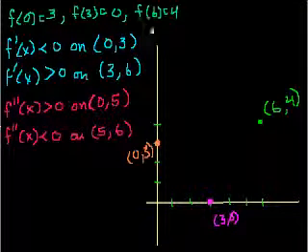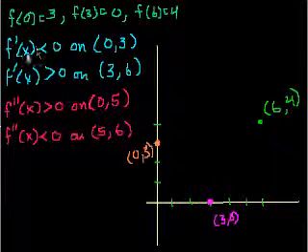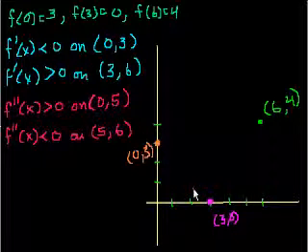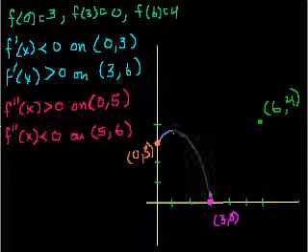And what else do they tell us? They tell us that the derivative is less than 0 on the interval from 0 to 3. So from here to here, the derivative is less than 0. That makes sense because we had to obviously decrease to go from this value to this value. But what it does tell us is that the function does not do something like this, or like that.